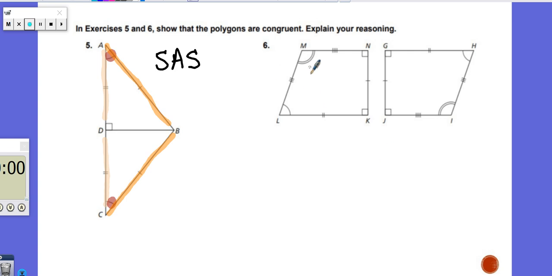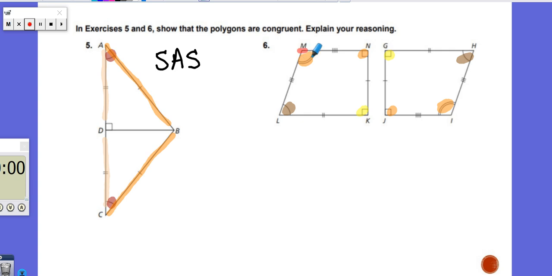Here, I am going to highlight all the sides that work and angles that work. This piece matches that piece. This piece matches that piece. This angle matches this angle. And this angle matches this angle down here.